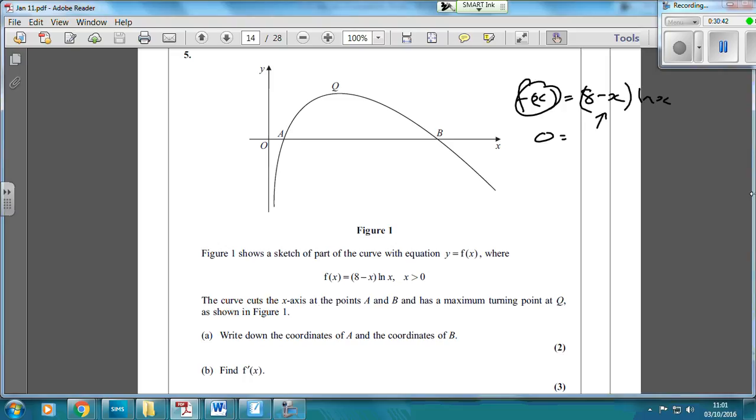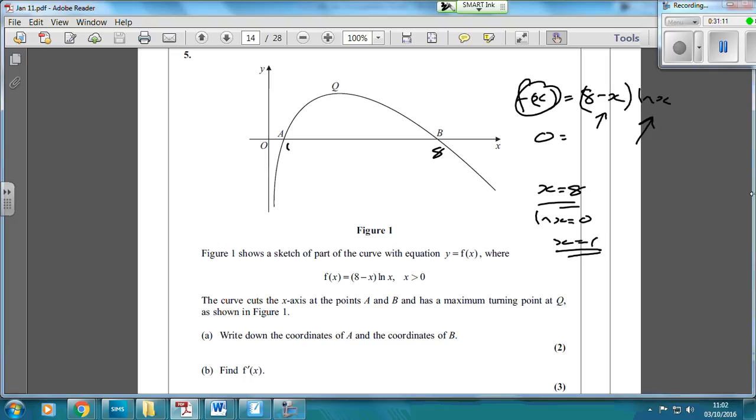So we make this bracket equal 0, then x equals 8. We make this thing 0, so log of x equals 0, so that equals 1. We got 1 there, and we got 8 there.